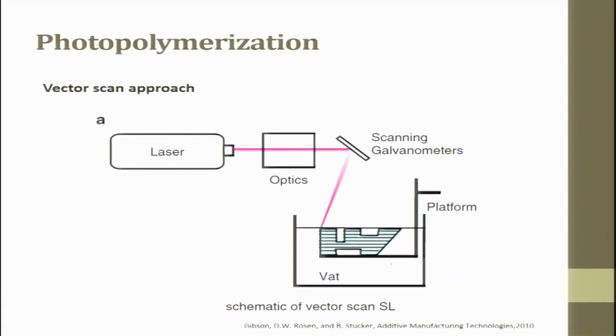So, this is a typical setup of a stereolithography schematic diagram. You have a laser, predominantly a UV laser, so that it can cure the liquid polymer, and it passes through optics. This optics is for beam adjustment in terms of shape, in terms of focus diameter. Okay. So, this optics plays a very, very important role.